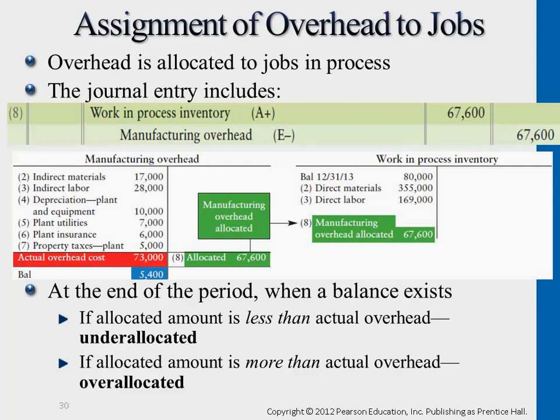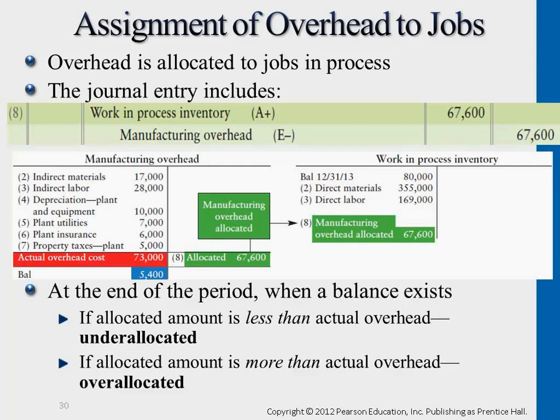Now you will see the differences between the red highlighted number and the green highlighted number. So who wants to try to guess why there is a difference there? So this is summary information. When it comes to year end, if we just look at this manufacturing overhead account, since this is year end, we actually know what the costs incurred are.